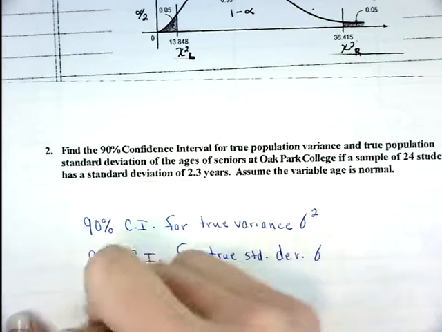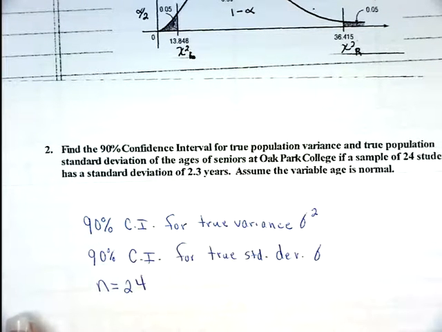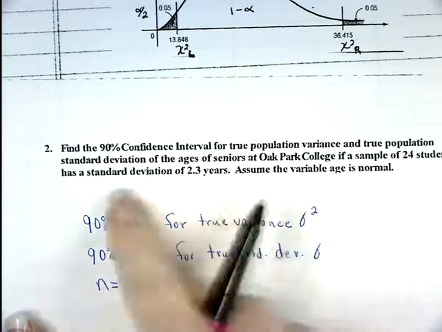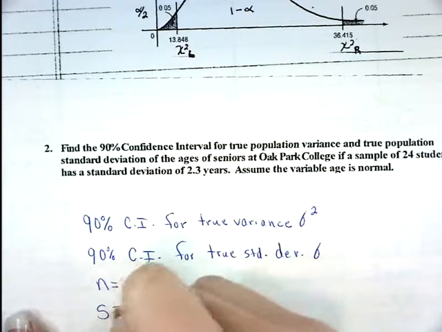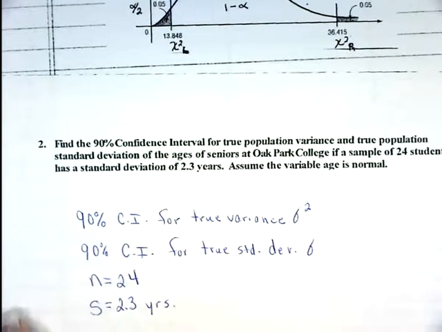We know that we take a sample of 24 students from Oak Park College, and that sample of 24 has a standard deviation S of 2.3 years. And then we're talking about age, and age is normal. And that's all that's basically given in the word problem.